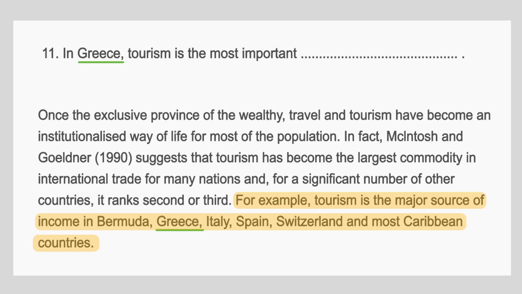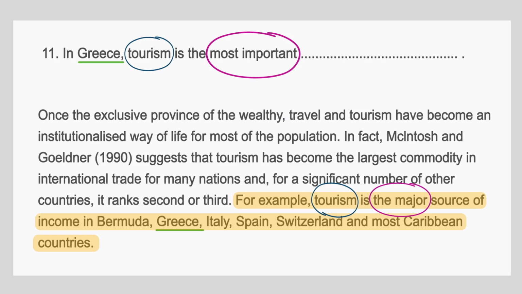Now, we have a very useful word here, which is the synonym of most important in the question, and that is the major. So major is the synonym of most important, all right? Now we read again. For example, tourism, and also we have tourism here, is the major, which is the synonym of most important, source of income in Bermuda, Greece, and so on.